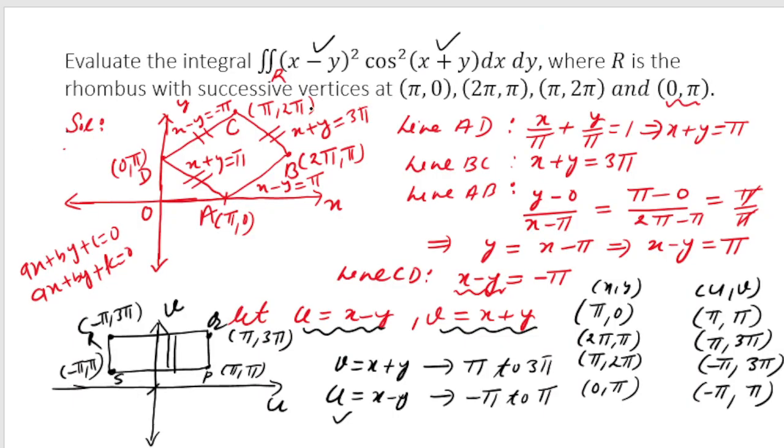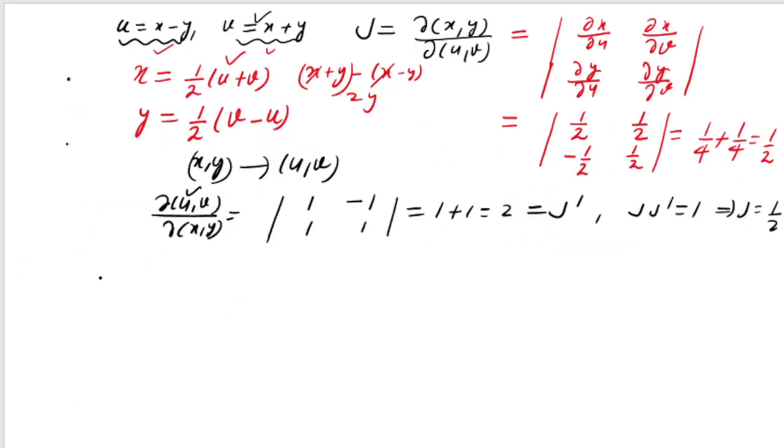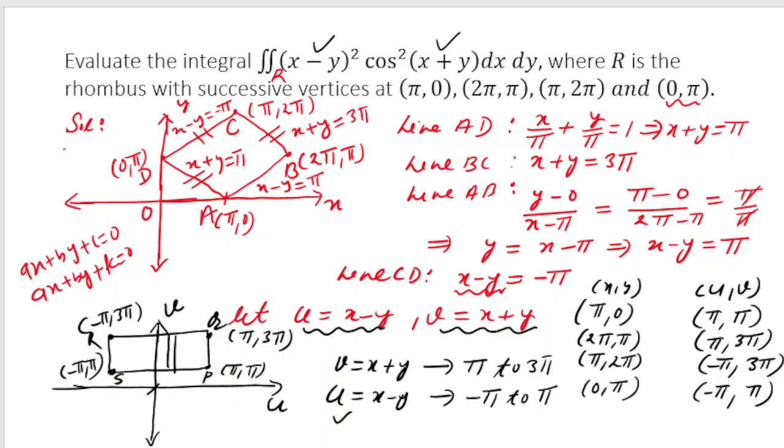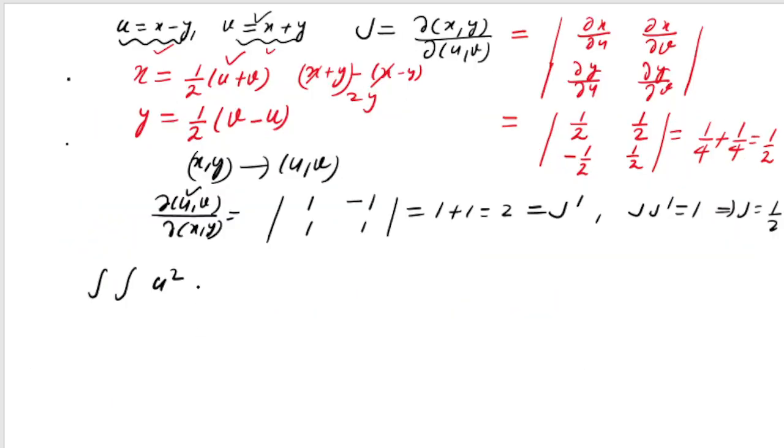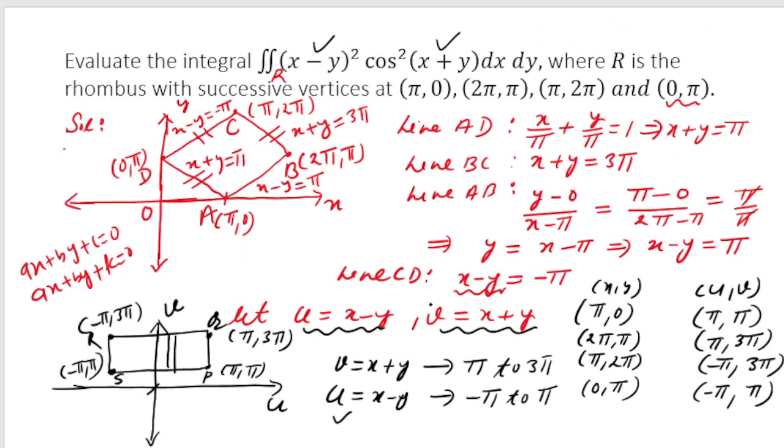So what we have to do is write the integration of (x minus y) whole square. So I am writing the integration of x minus y, I have taken u, so I write u square, and then cos square of (x plus y), so I write cos square v, and then we have to write the limits of u and v. The limit of u is minus pi to pi, and the limit of v is pi to 3 pi.